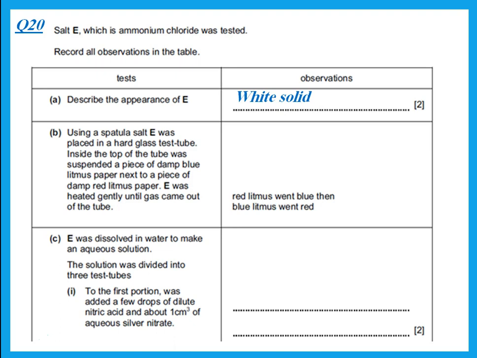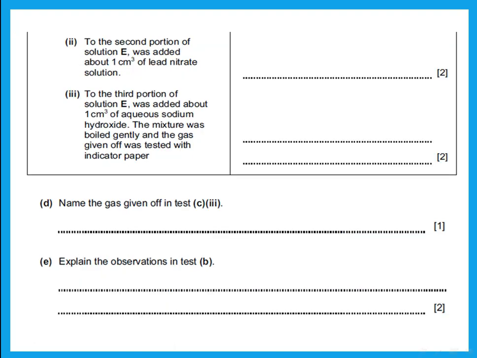The solution was divided into 3 test tubes. So we have ammonium chloride, and he's saying I'm adding a few drops of dilute nitric acid and silver nitrate. Again, silver nitrate added to something that has chloride would give a white precipitate. To the second portion was added lead nitrate. Remember that lead nitrate gives the same result as silver nitrate.